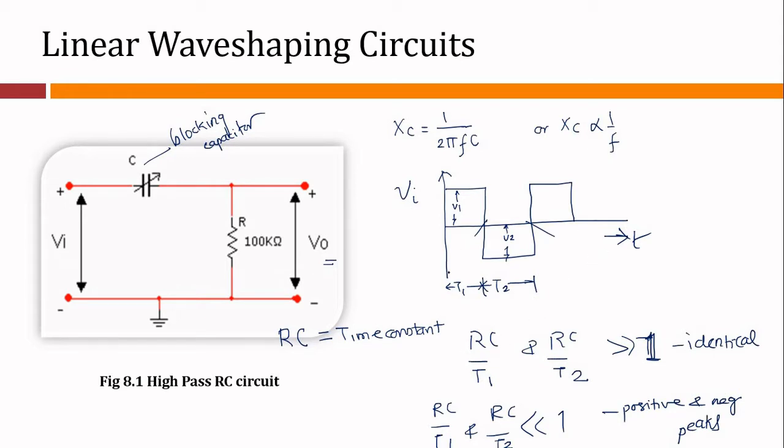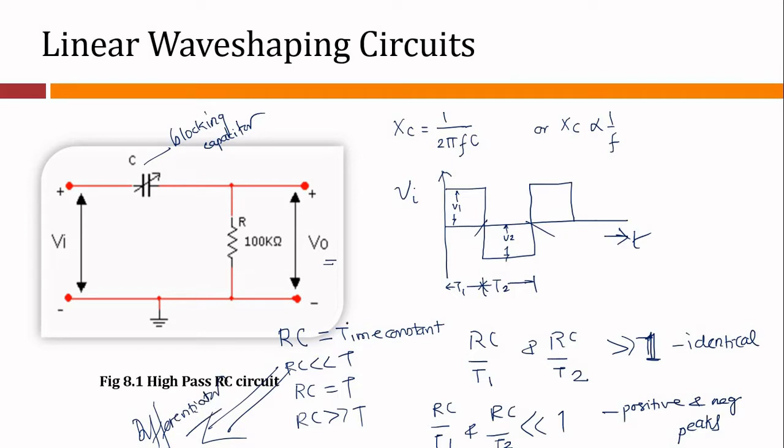To remember, there are 3 different conditions possible here: RC equal to T, RC very much greater than T, and RC very much less than T. Out of these 3 conditions, when RC is very much less than T, what we get is an output which is referred to as differentiator. So when RC is very much less than T, this circuit will act as a differentiator.